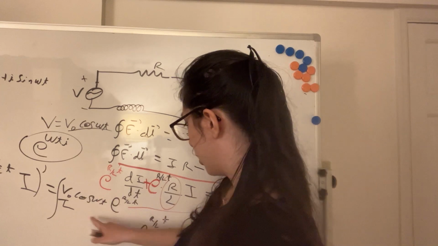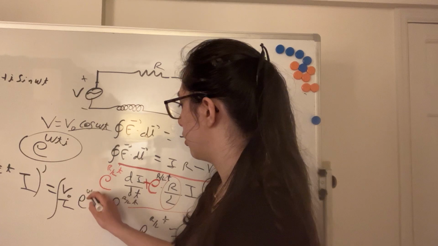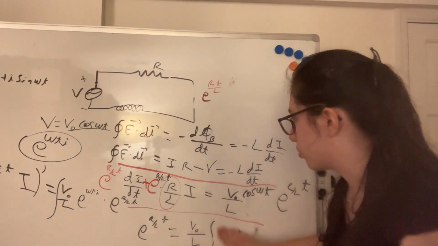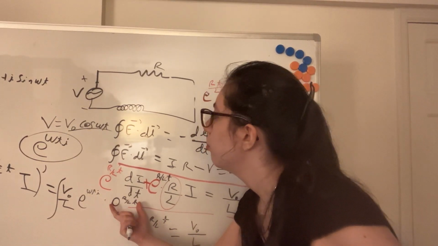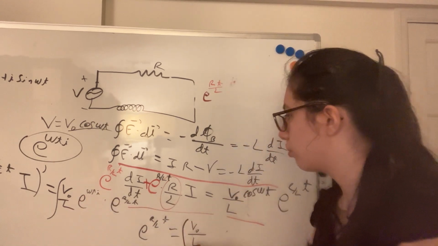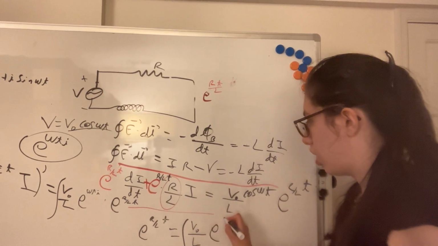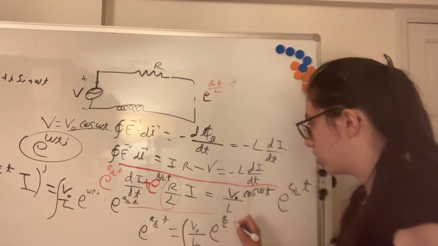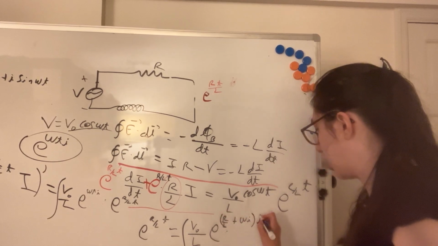So here I would put e to the omega t i, and now I just have the integral of e to the R over L plus omega i, all times the time.